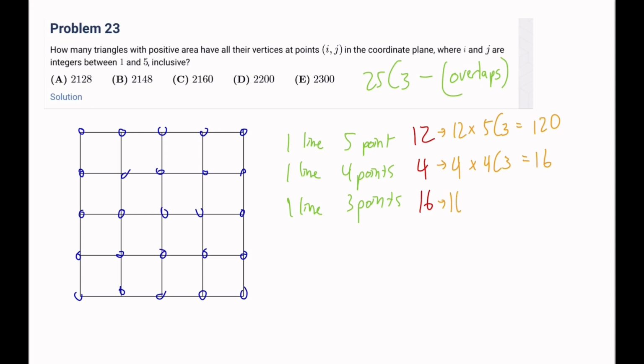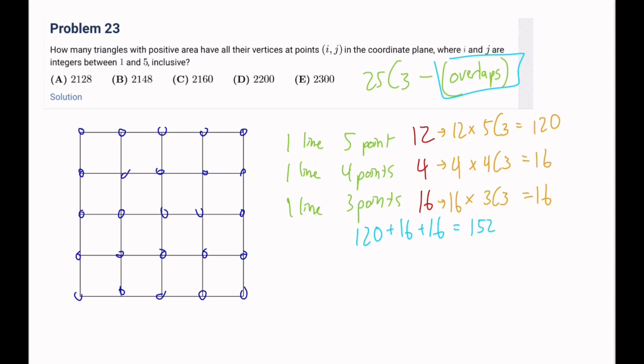And this is 16 times 3 choose 3, because we have 3 points, and we have to choose 3 of them, so that's basically just 1. So this is 16. And so the total number of overlaps is 120 plus 16 plus 16, which is 152, right?